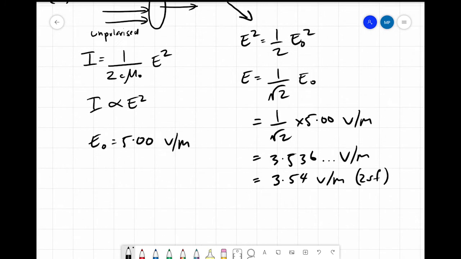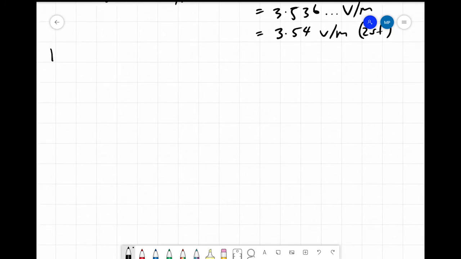Okay. Now with B, we're told that we have now a second filter, and the second filter is rotated by 45 degrees with respect to the transmission axis of the first one.